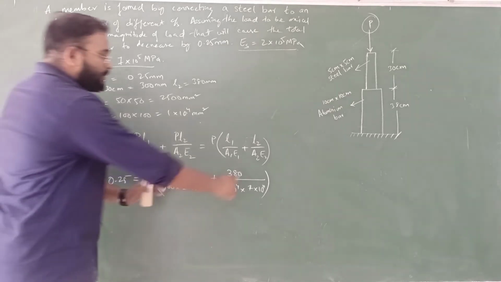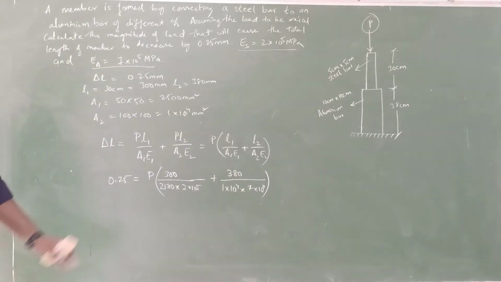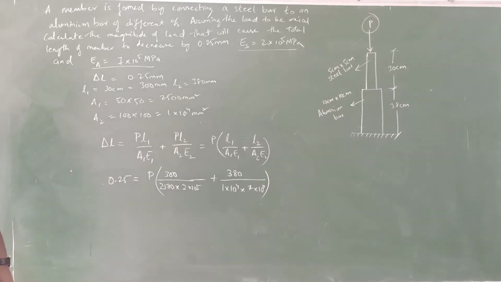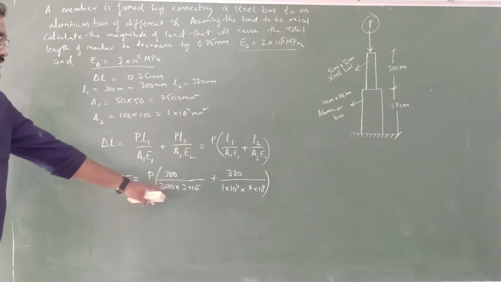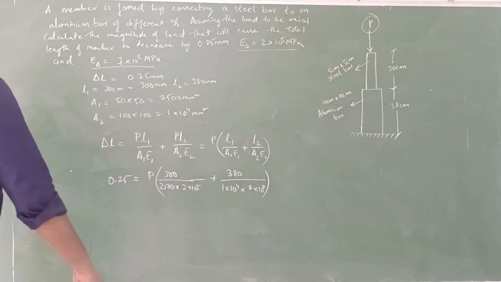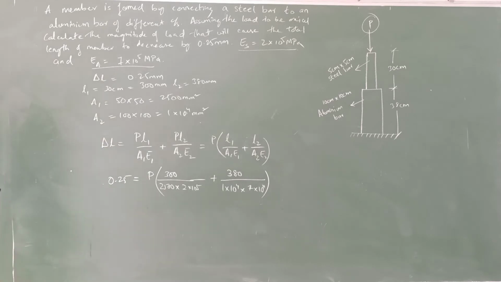Do one thing, simplify this answer first. We'll divide by 0.25. 2.857 × 10⁻³. Please check the answer.